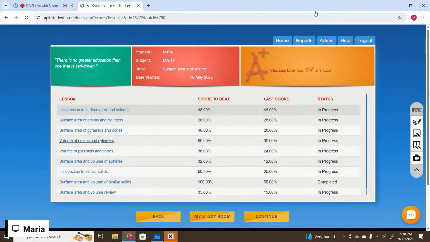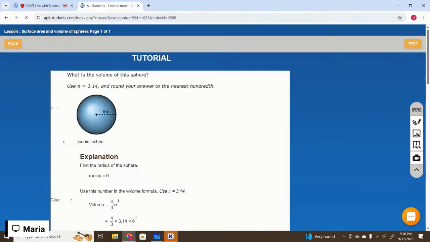The next lesson is surface area and volume of spheres. What is the volume of the sphere?